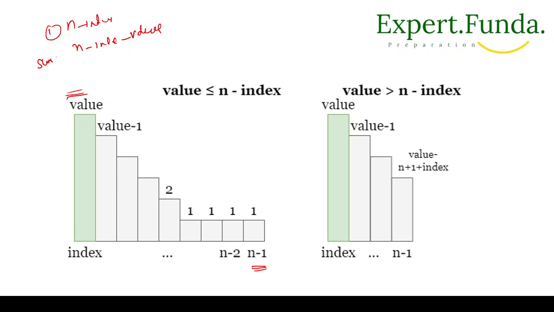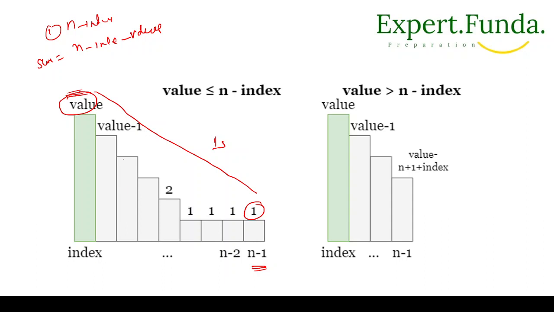This will become the subarray sum, because it consists of all the values of 1 in addition to the arithmetic sequence value down to 1. We have taken value and we'll take it till 1. So from here to here, this all consists of 1s.